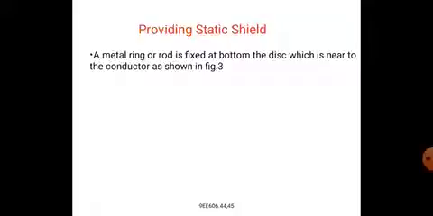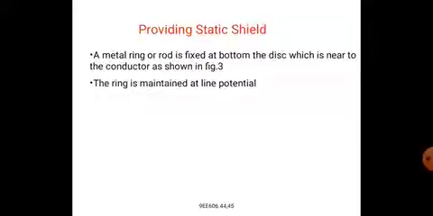And the last method of improving string efficiency is providing a static shield. A metal ring or rod is fixed at the bottom of the disc, which is near to the conductor, as shown in the figure.